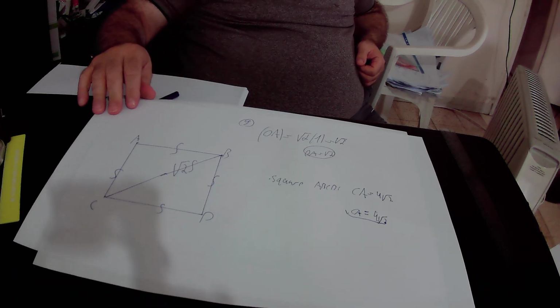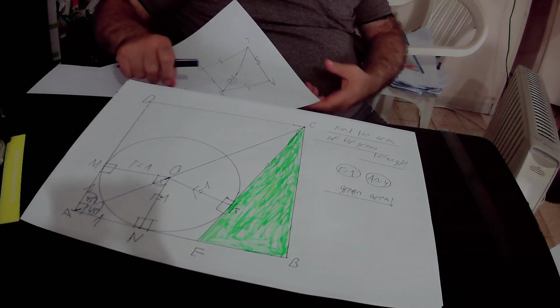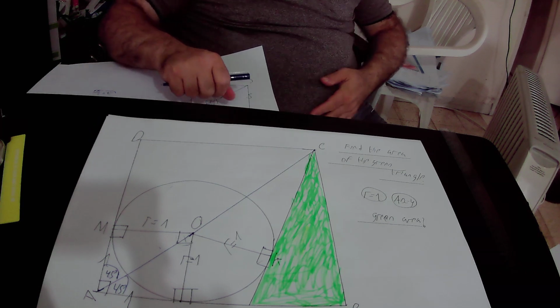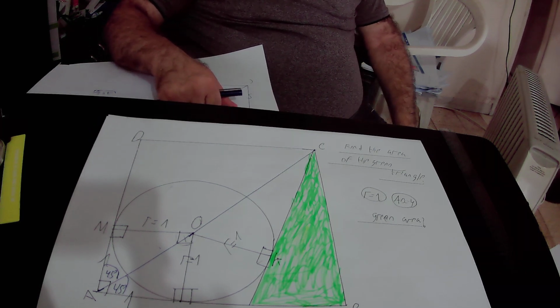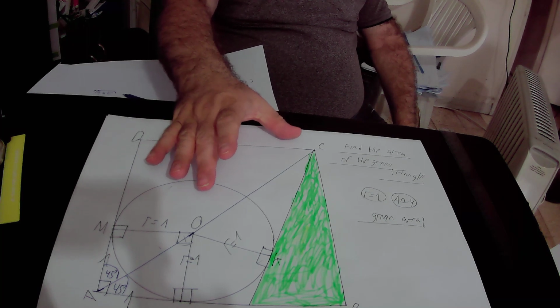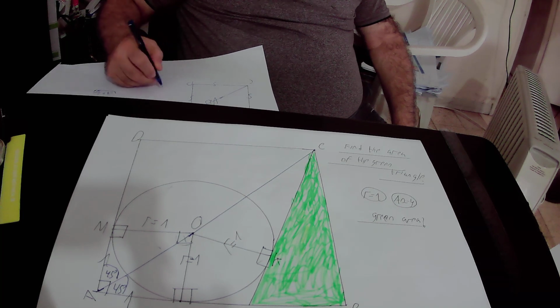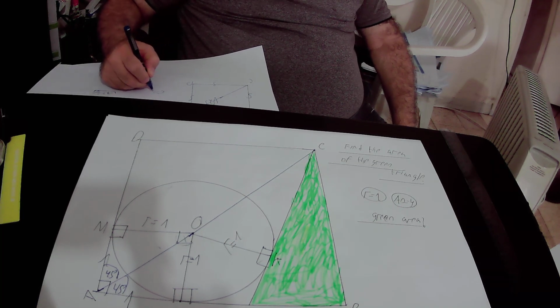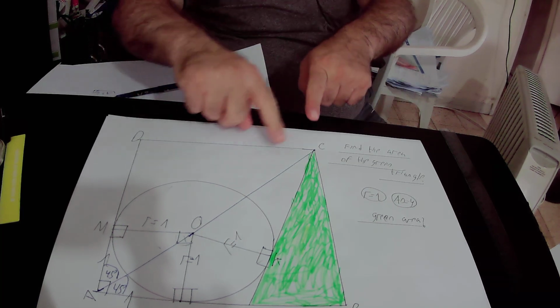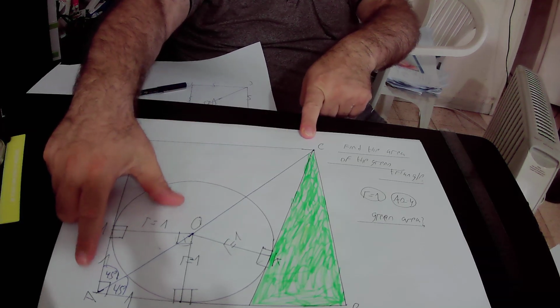Okay, in the next step we will calculate the length of line segment CO. From the drawing you can see that line segment CO equals CA minus OA.